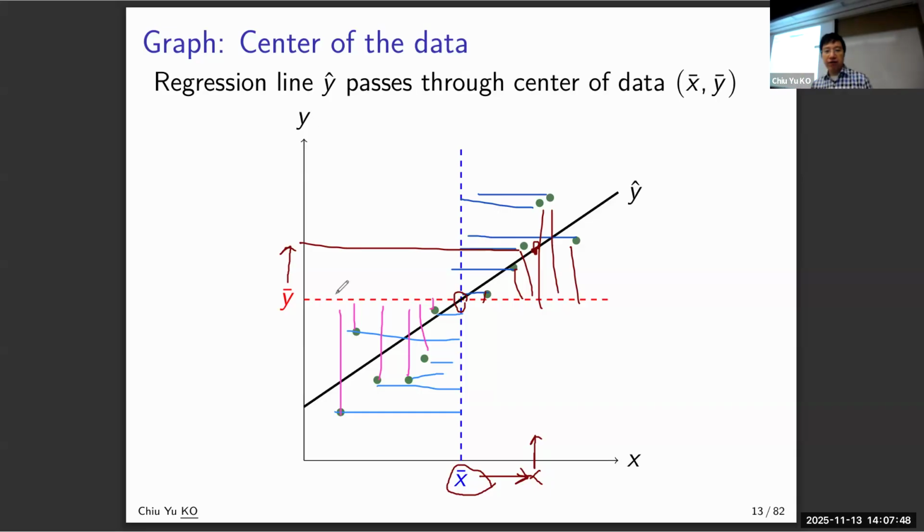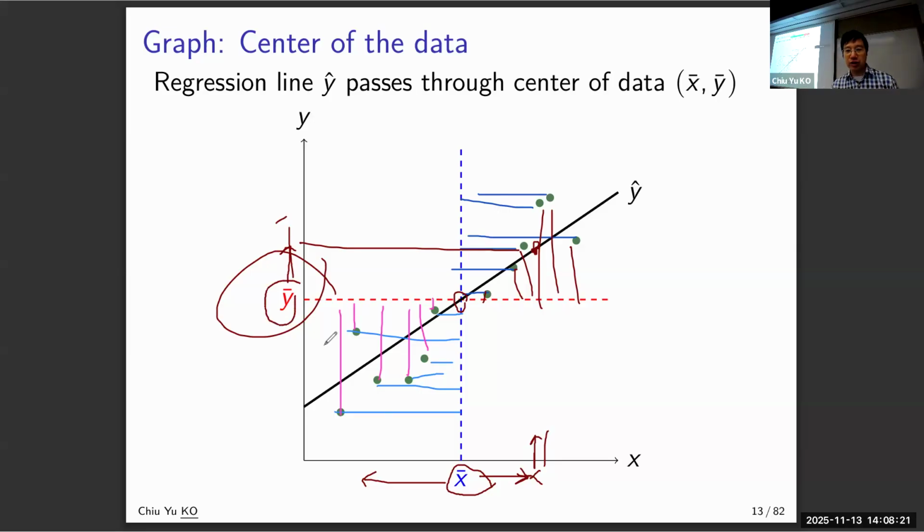Simple: the average. But if I tell you he did a master's degree, maybe somewhere here, then you would revise upward. If I tell you this guy only has a high school degree, then you will revise downward. So your prediction or explanation of y changes because x changes. Otherwise, the best guess would just be y bar.